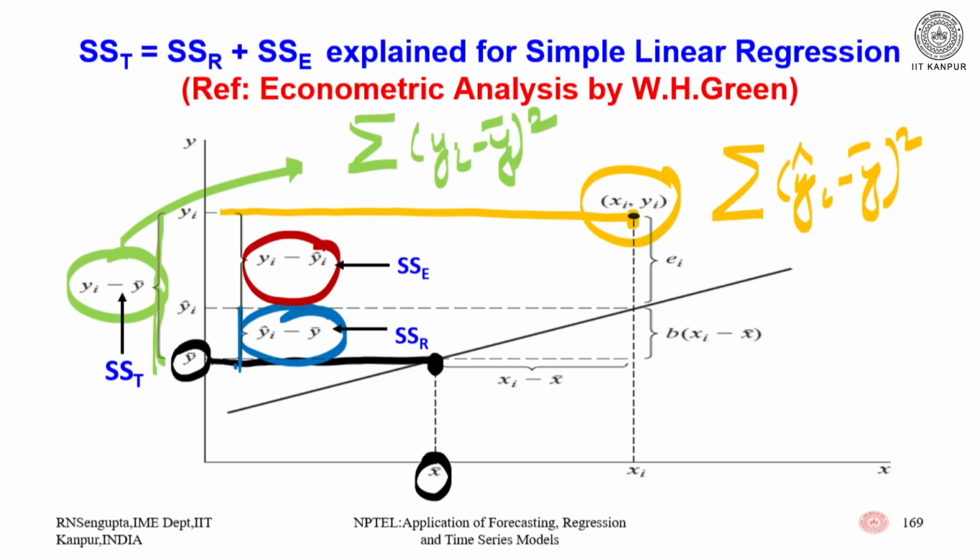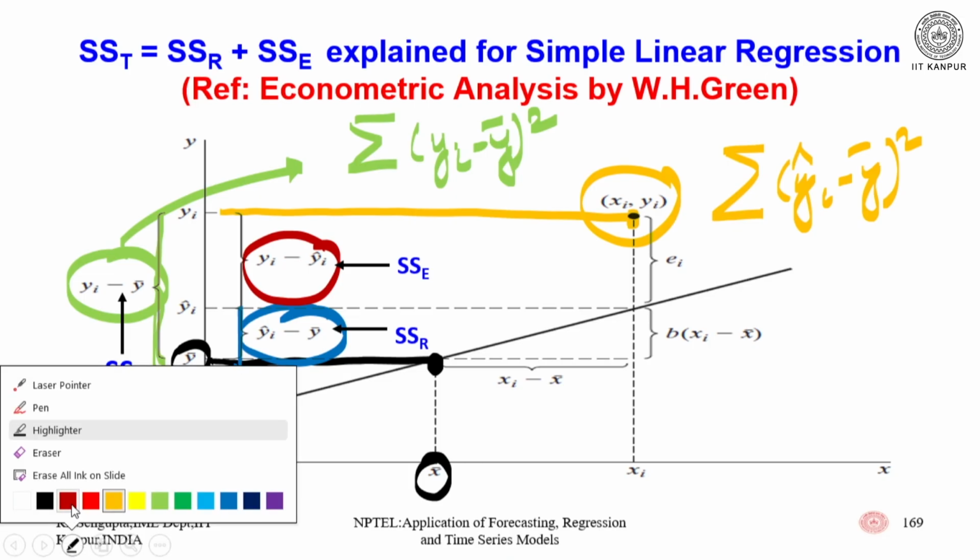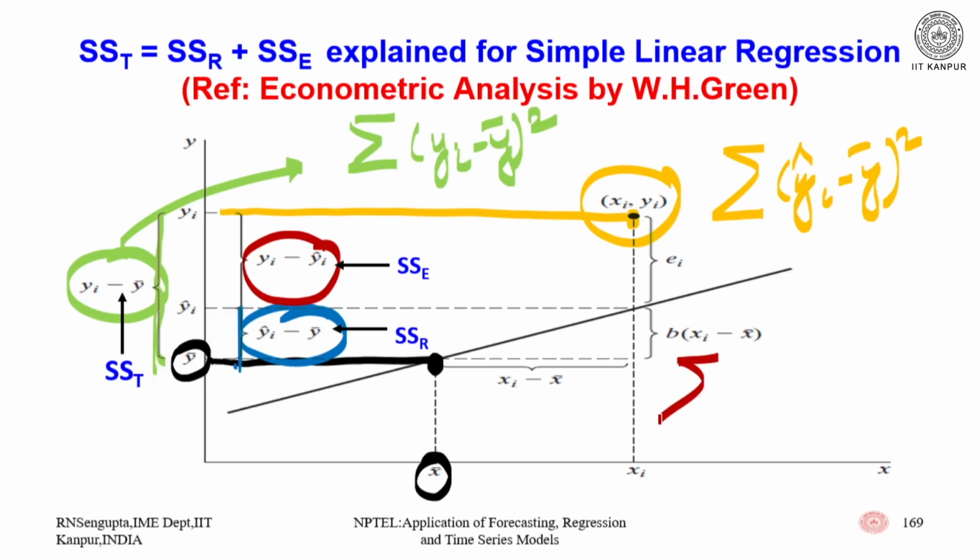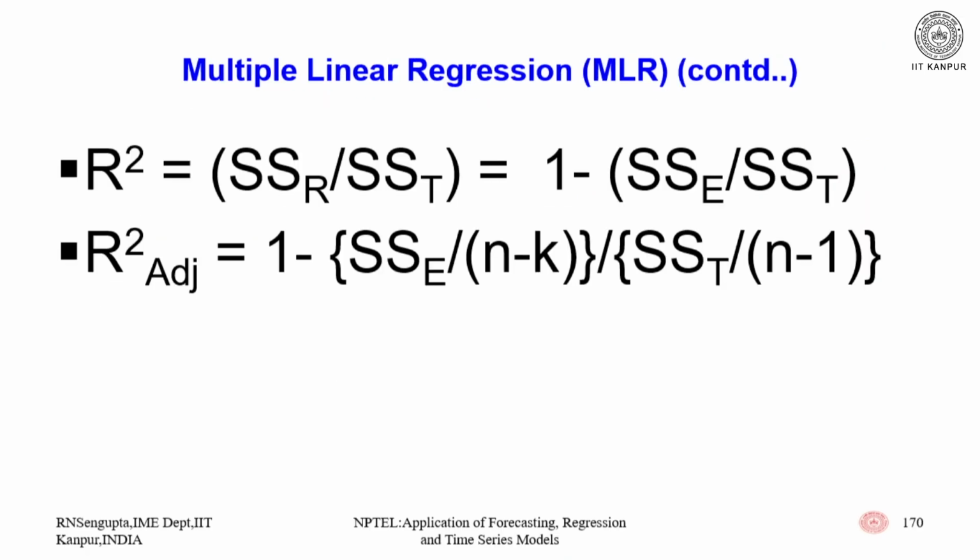And finally, the component corresponding to summation of yi minus y hat i whole square for all the n is SSE. The red part is not explained, outside; the green part is the total, and the yellow part is explained. I am repeating it because they will be utilized time and again.